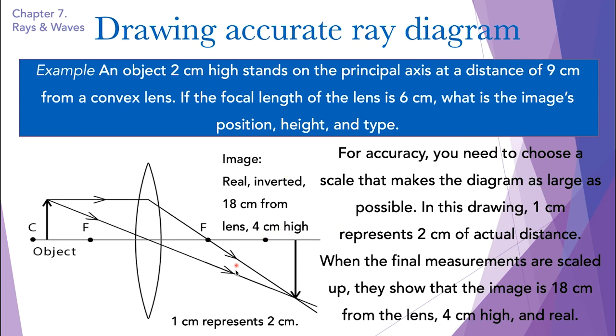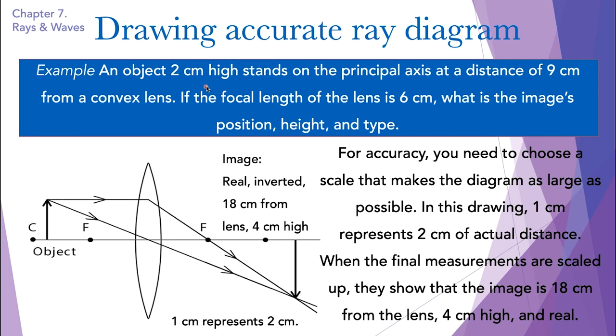But here what I have done is I have made this drawing as small as possible. So I have taken 1 centimeter representing 2 centimeters of actual distance. In simple words, I have halved the values given in this example to make a small ray diagram. That is why my ray diagram might not be as accurate as yours would be, because yours is going to be bigger in size.